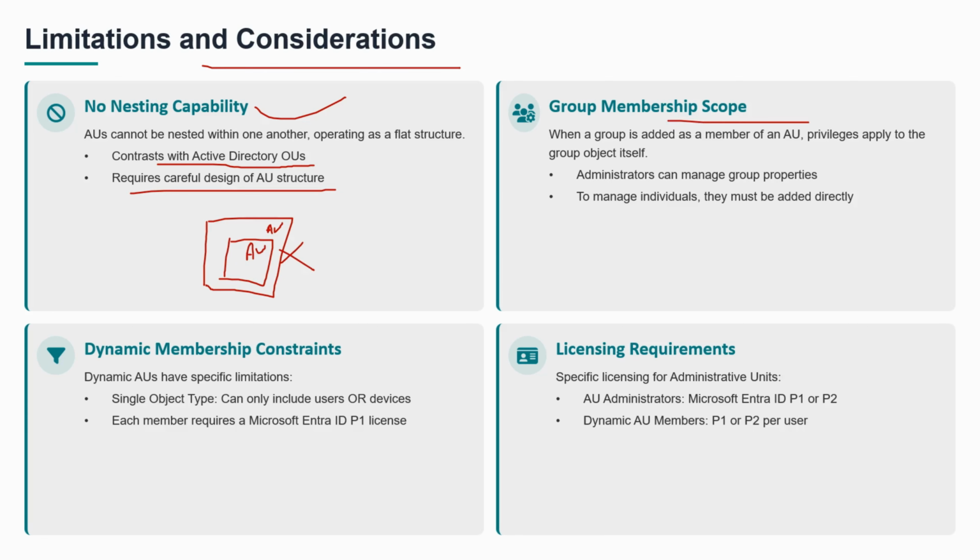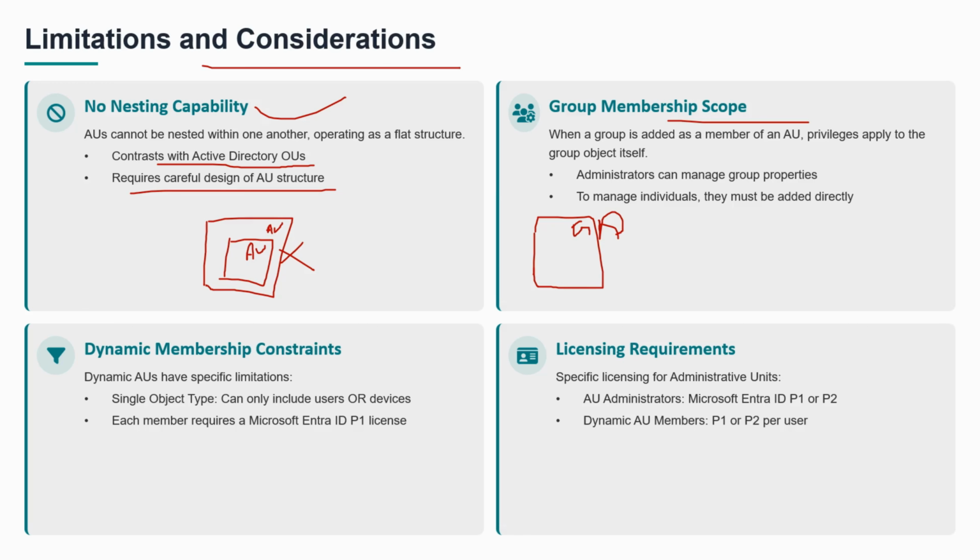Group membership scope: when a group is added to an AU, the privilege applies to the group itself, not the users. Administrators can manage group properties. To manage individuals, they must be added directly. For example, you have created an AU, and under that AU you have given a user the group administrator role. Another GA we have, but here the GA is not global administrator, here we have group administrator.